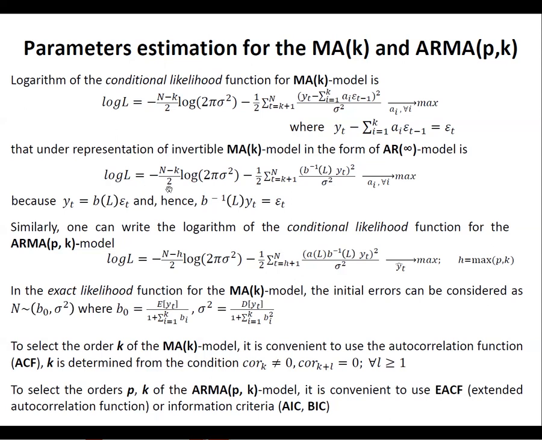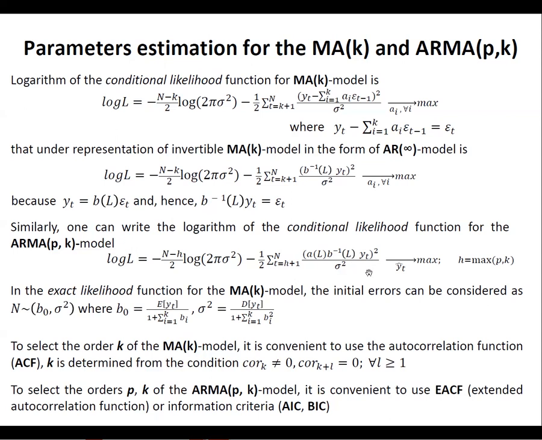Here is a representation of the moving average model in terms of a polynomial of the shift operator. We can do the same for the conditional likelihood function for the ARMA model. Here we've got a polynomial for the ARMA model. In the numerator, it turns out this error epsilon t is expressed through the inverse polynomial of the shift operator for the moving average model and the polynomial of the shift operator for the autoregressive model.